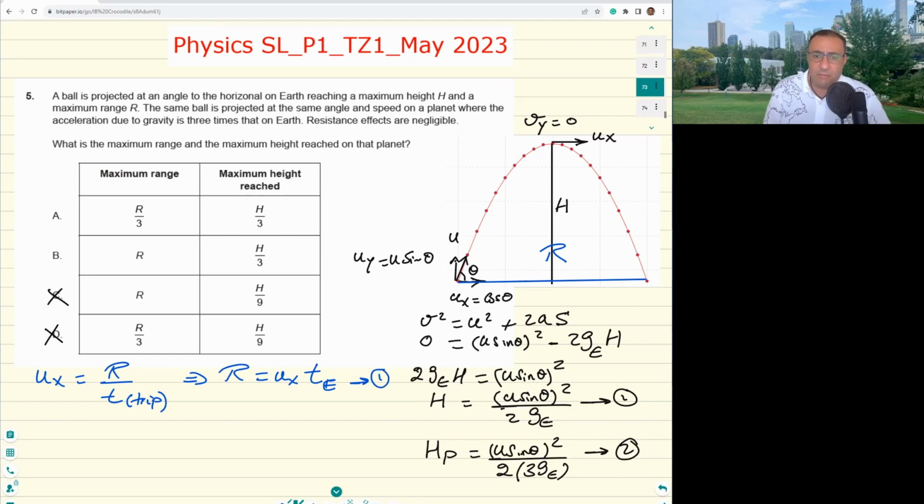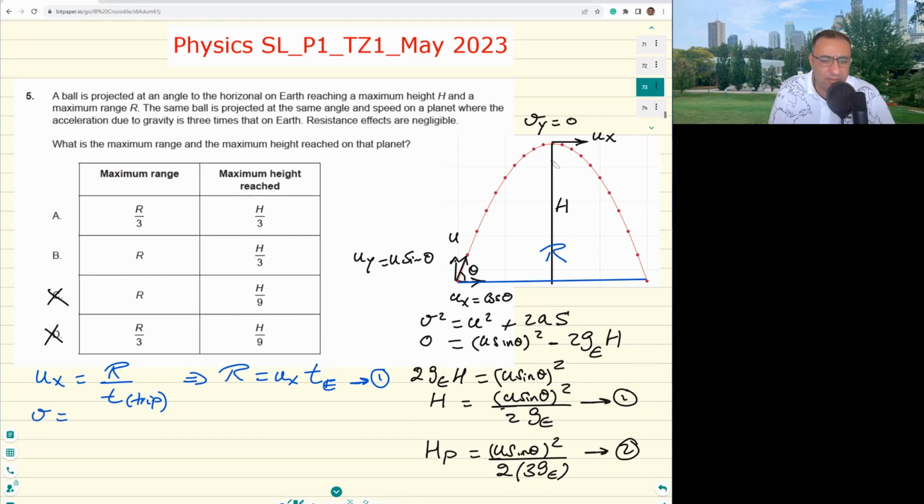Now, to find the time of the trip, you may find the time to the maximum height, and then double it, because you can see a symmetry here, right? In 90% of the cases, we can find the time of half of the trip, or basically the time to reach the maximum height, and then multiply that by 2, so you get the time of the trip.